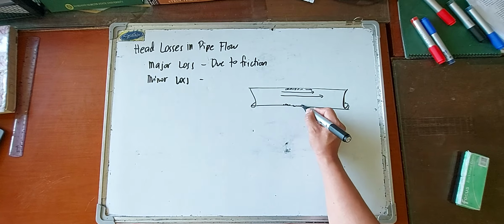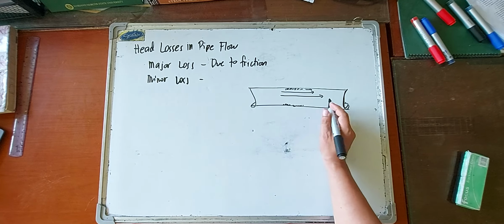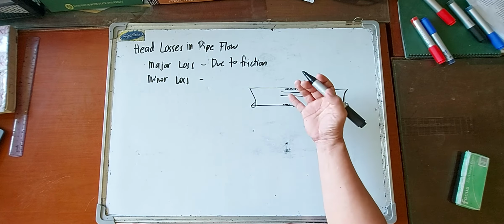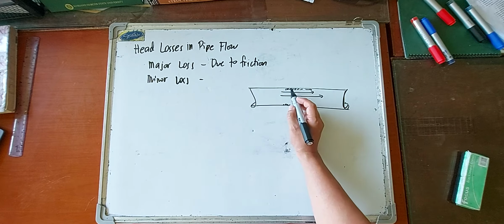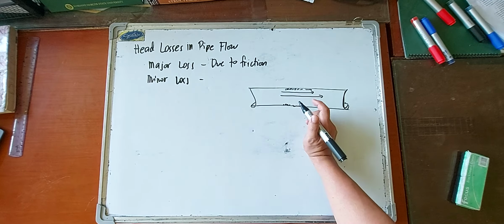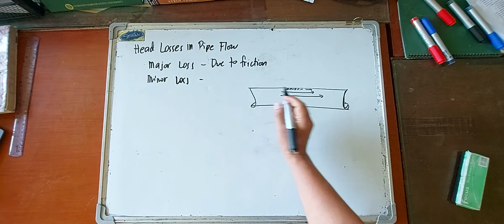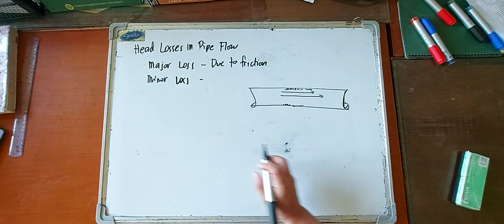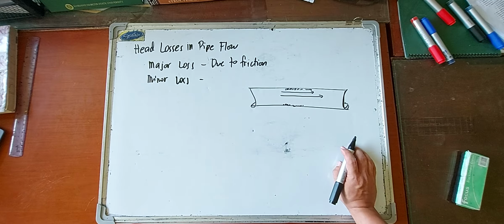Ang pinakamabagal of course ay nandun sa gilid because na-experience nila ng resistance dito sa may gilid, and meron corresponding loss of energy because of that resistance, and we call that the major loss or loss due to friction. Okay, yan ang nangyayari. And minor loss and major losses.